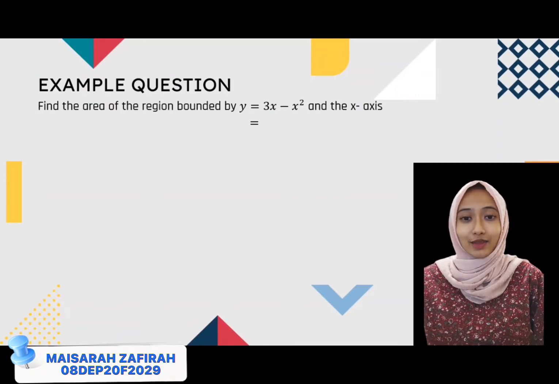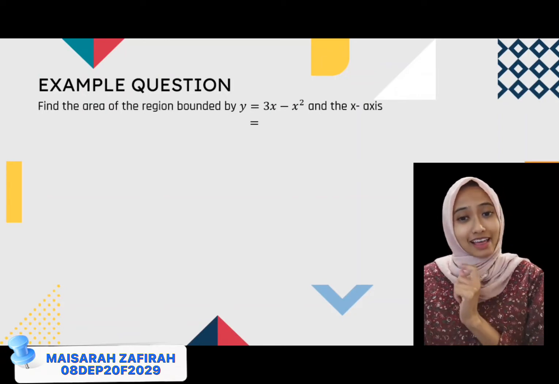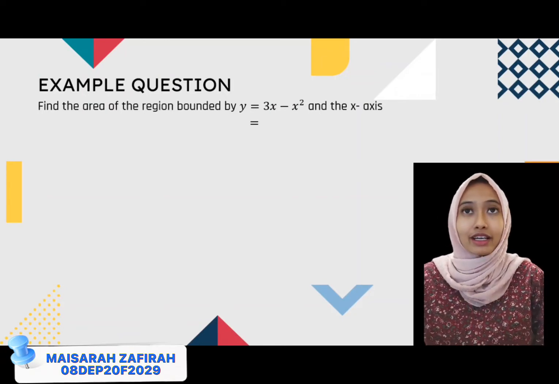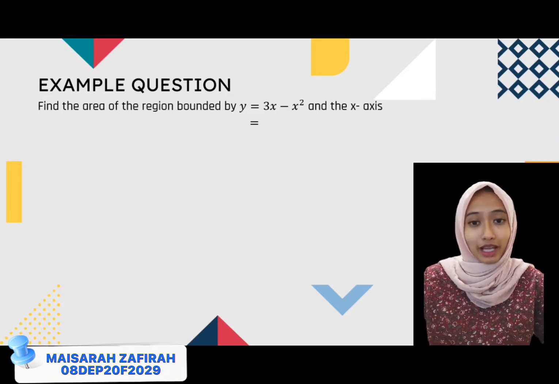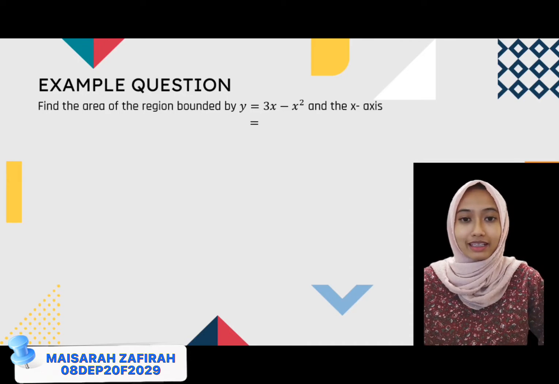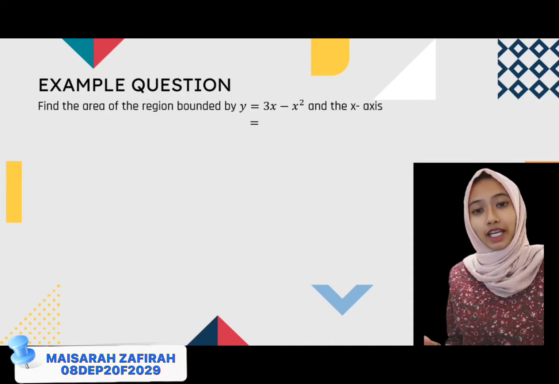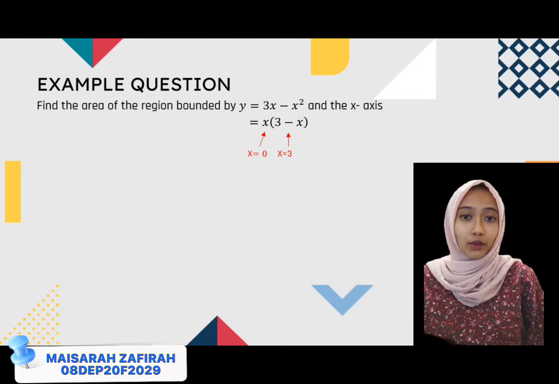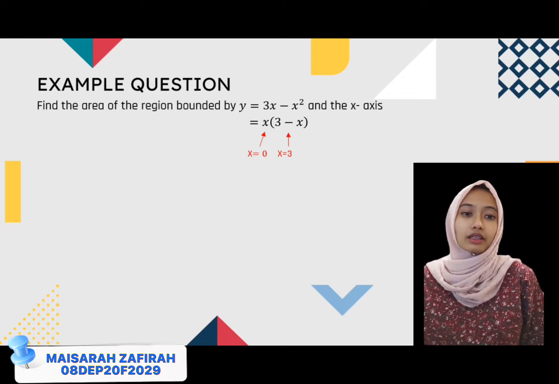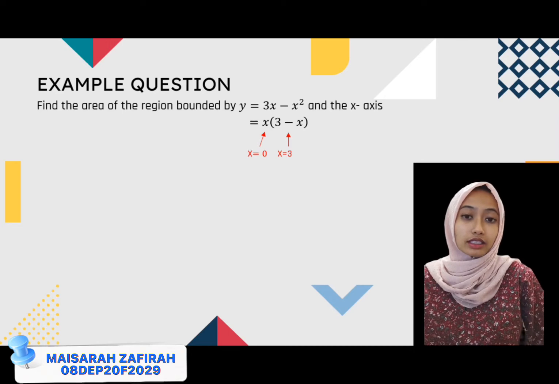Now let us take a look at an example question. The question says: find the area of the region bounded by y equals 3x minus x squared and the x-axis. By looking at the equation, roughly speaking, we can tell what shape the sketch will be.